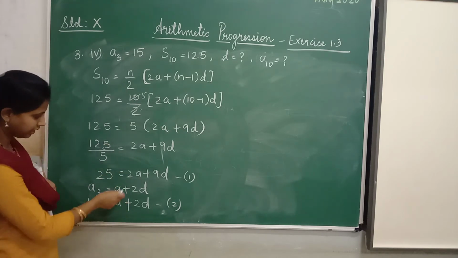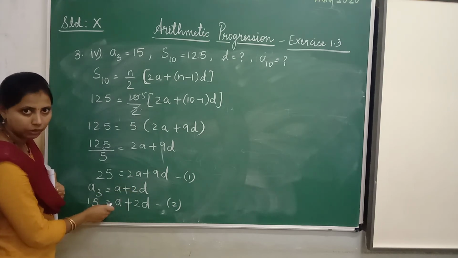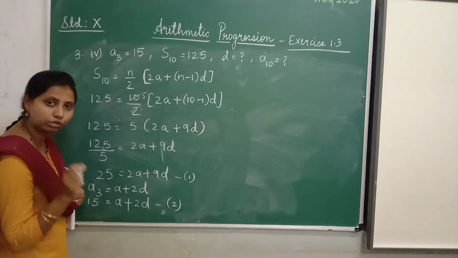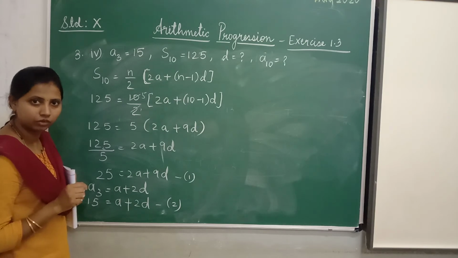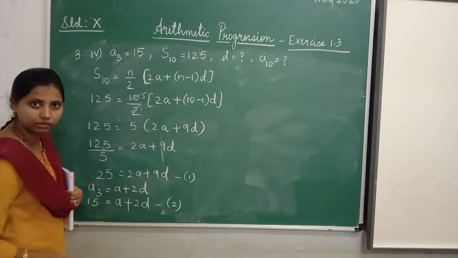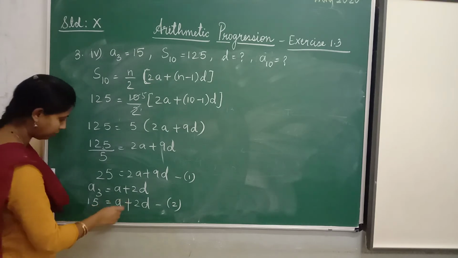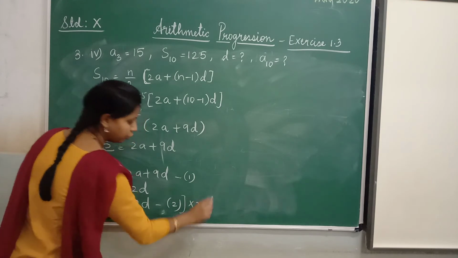Now you can see the coefficient of a here is 2 and here is 1. So both have to be like terms. The coefficients have to be the same so that one can get cancelled and we can find the other. To make the coefficient of a here also 2, multiply the whole equation by 2.